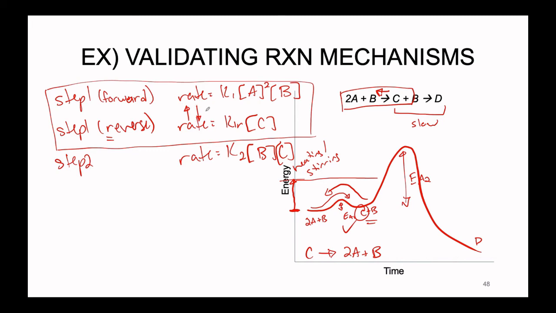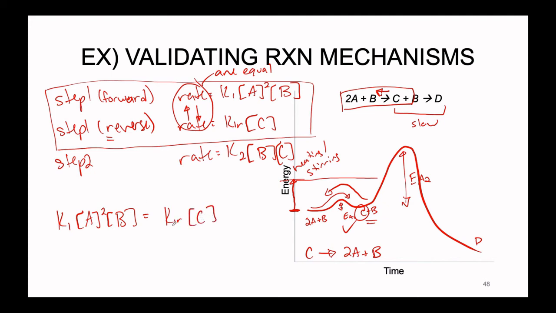So we can set these two right-hand sides of the equations equal to each other. If the first step is the fast step, we make the assumption that these two rates will be equal. And what this means is that we can set k1, concentration of A squared, times concentration of B, equal to the rate constant of the reverse decomposition times the concentration of C.